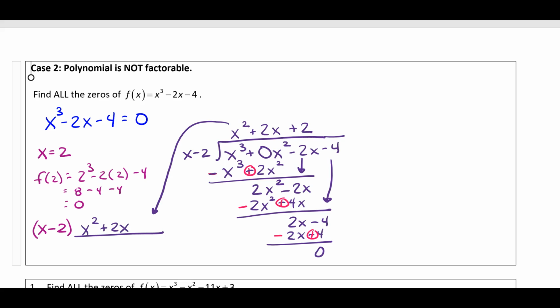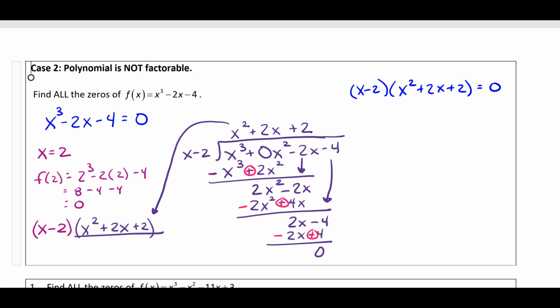Now that we know that we have these two factors, we can set them equal to 0 and solve. So now I can finally solve this equation: x minus 2 times x squared plus 2x plus 2 equals 0.